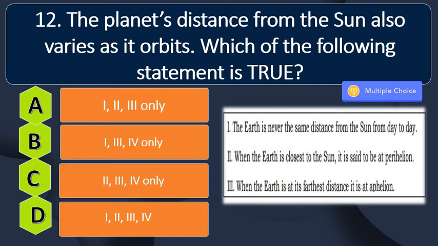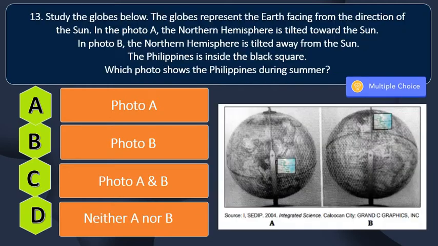When the Earth is at its farthest distance, it is at aphelion. Is it A. 1, 2, 3 only? B. 1, 3, 4 only? C. 2, 3, 4 only? And D. 1, 2, 3, and 4. So number 12 is letter D, all of the above. Let's have number 13.